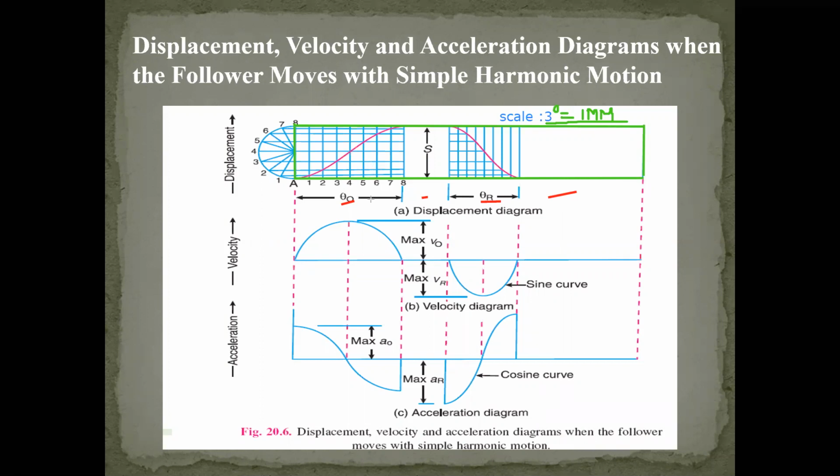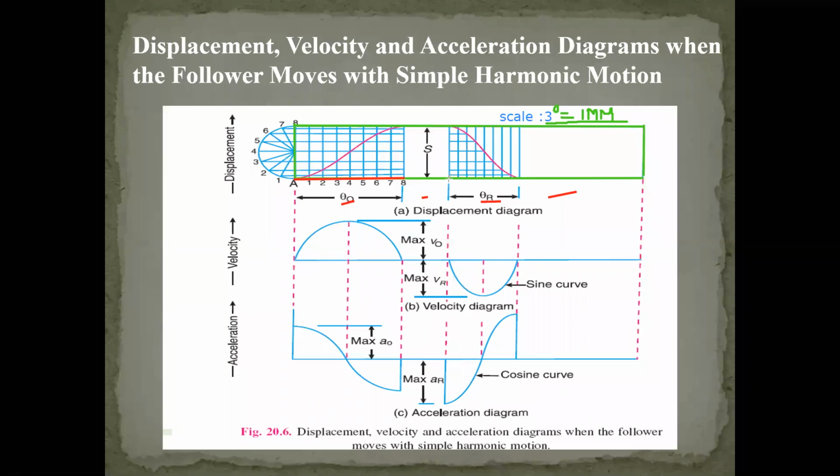So 120 by 8 gives 15 degrees. Each part is taken to be 15 degrees. So 15 degrees by 3 means 5 mm. Each part value is 5 mm, so you have to divide it into 8 equal parts, each of 5 mm.